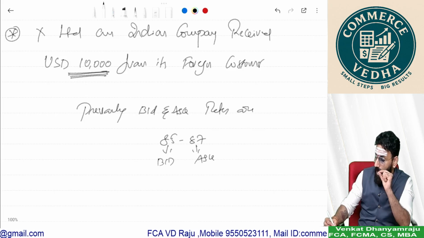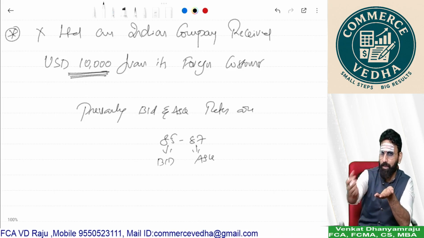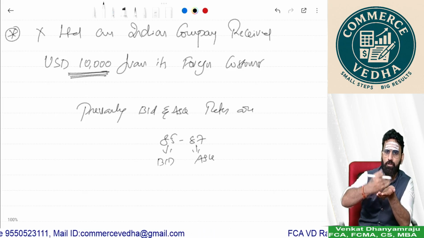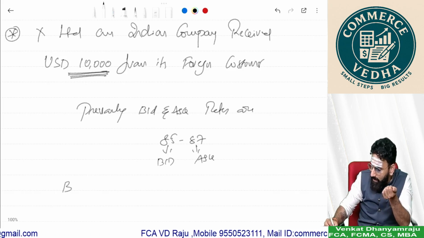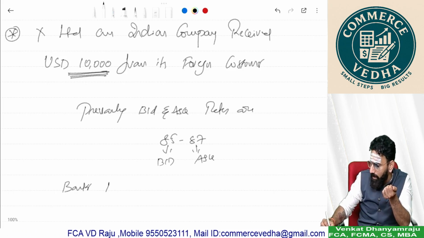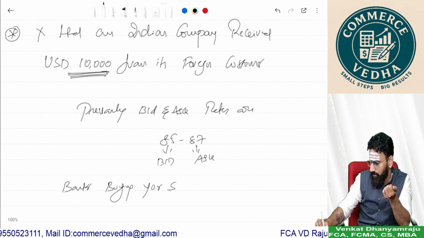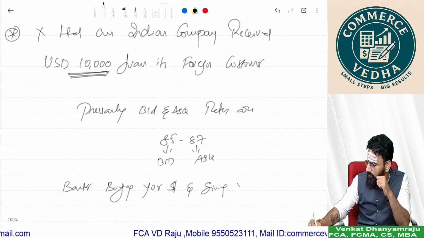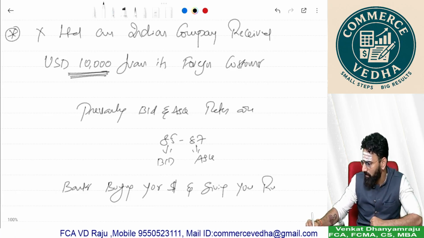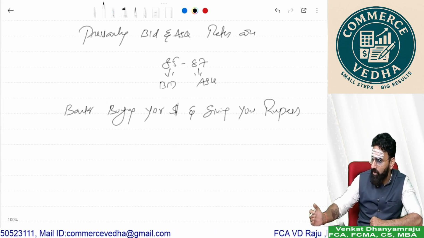See, I want to sell dollars. I want to convert my dollars into rupees. I'm selling dollars to the bank, I'm getting rupees. It means here the banker is buying your dollars and giving you rupees.